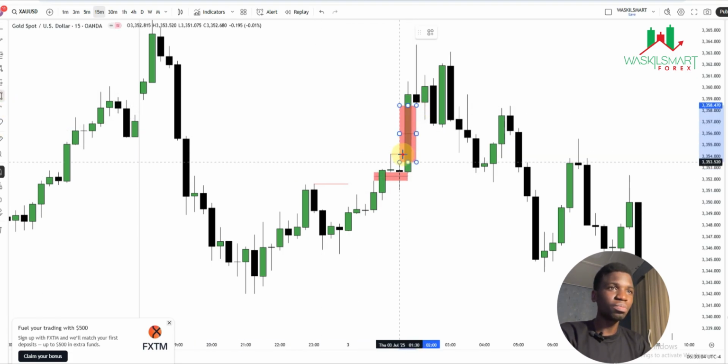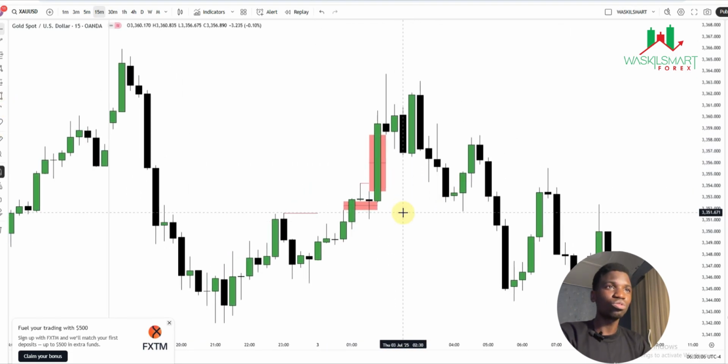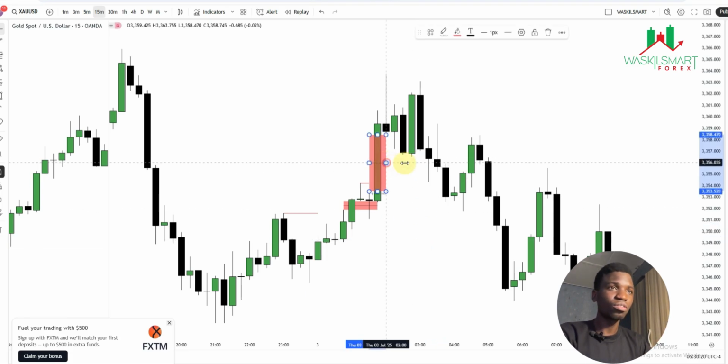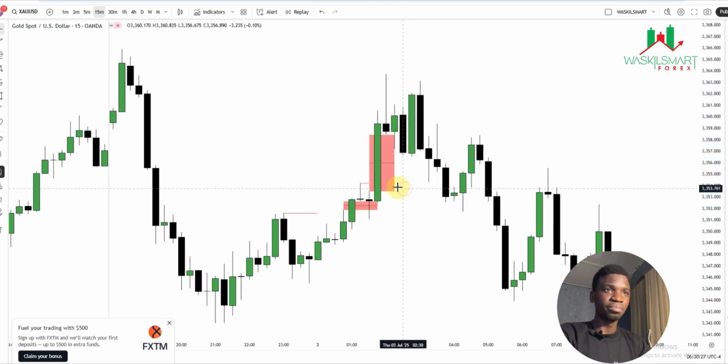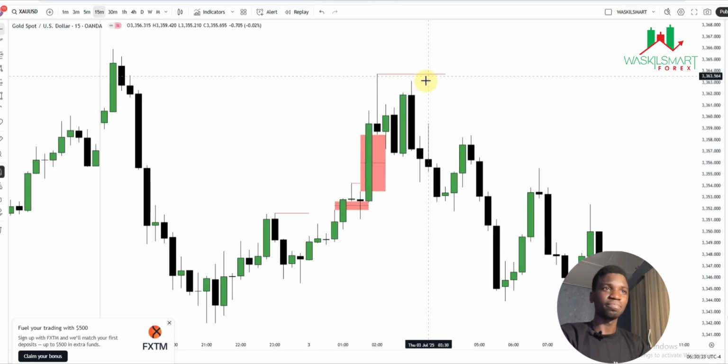So I expect market to continue the buys because this is a short time low. If market wants to buy, market should not take the short time low. When market came to this particular place, it traded into the fair value gap, then moved a little bit higher, which means that market respected the fair value gap, but market was unable to take this high.